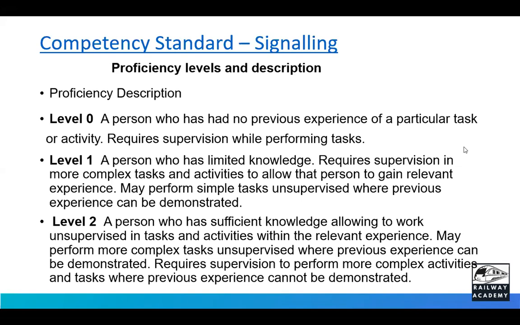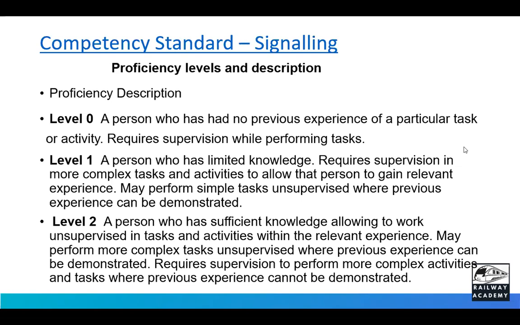Then level 2 is a person who has sufficient knowledge, but still he has not acquired the certification to work independently. Still he requires supervision. So you can have knowledge of level 1 and level 2 combined, and then only you can go for certification. With level 1, you cannot go for certification.